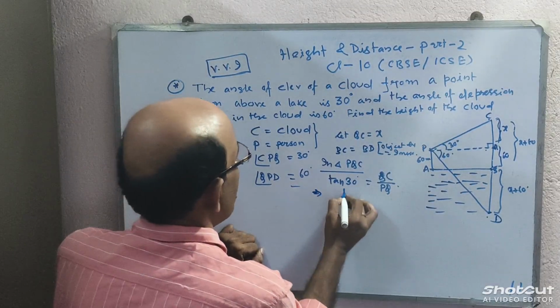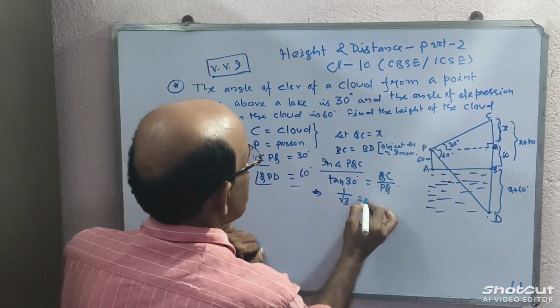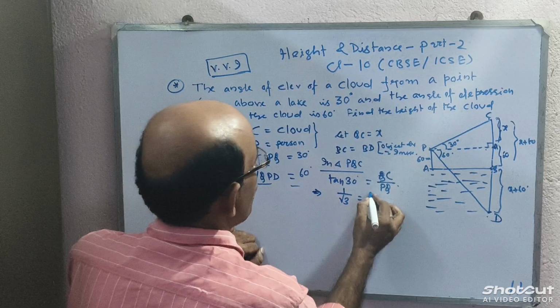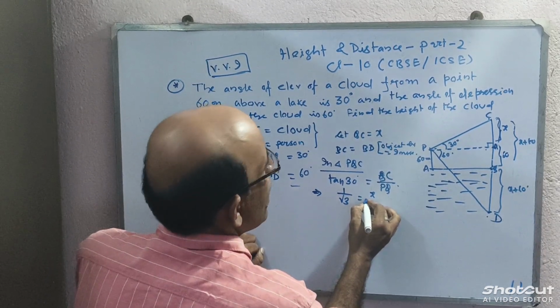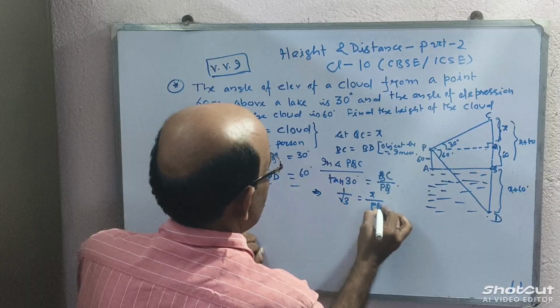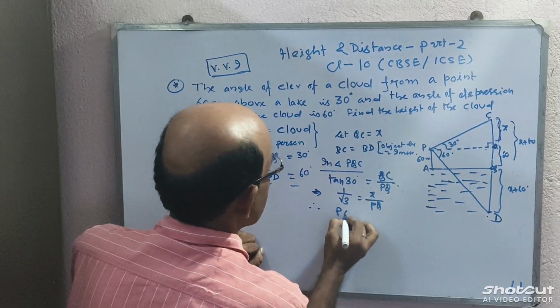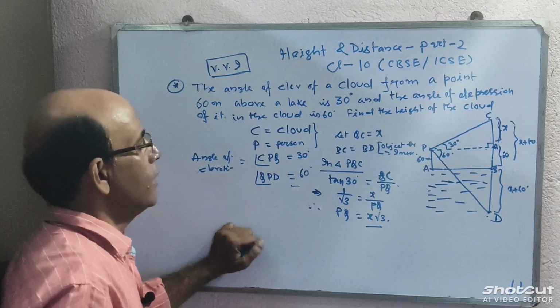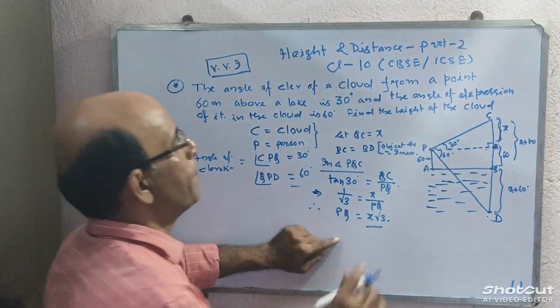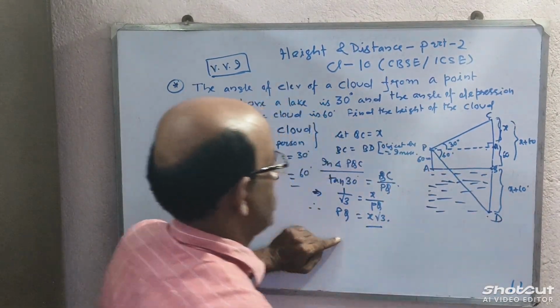Therefore 1 by root 3, tan 30 is equal to 1 by root 3, QC is equal to x and PQ. Therefore, PQ is equal to x root 3. From this triangle, we have to determine PQ in terms of x.